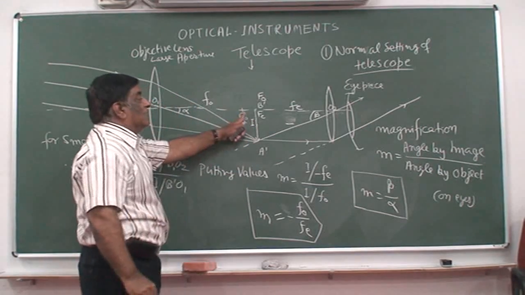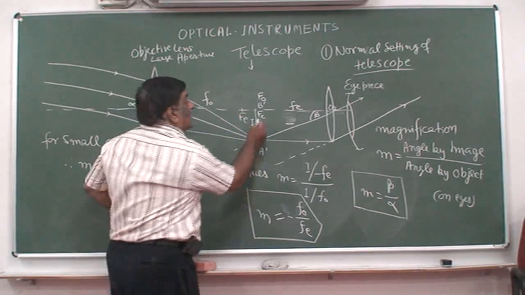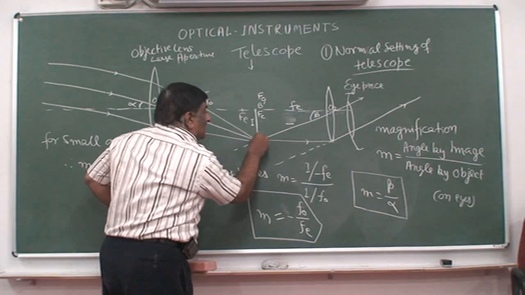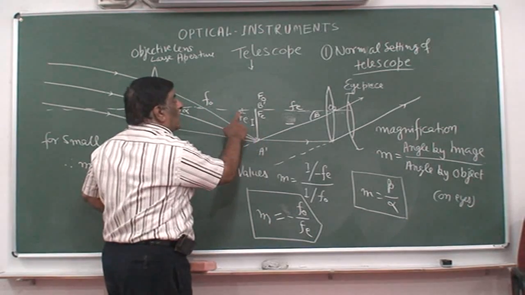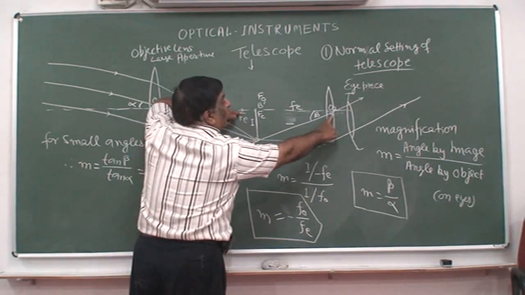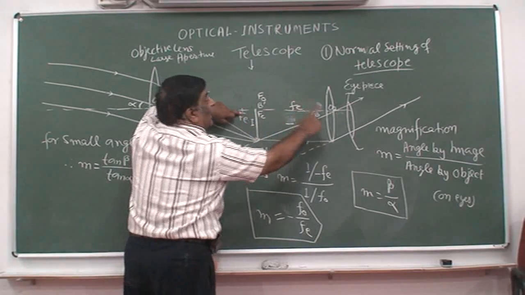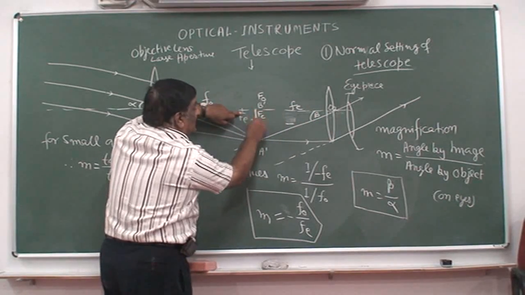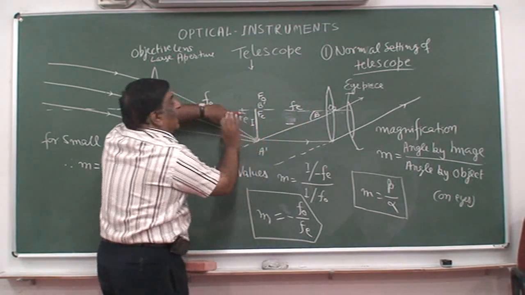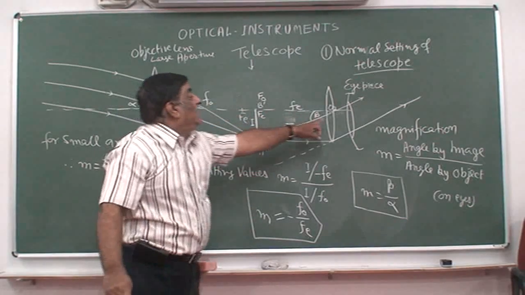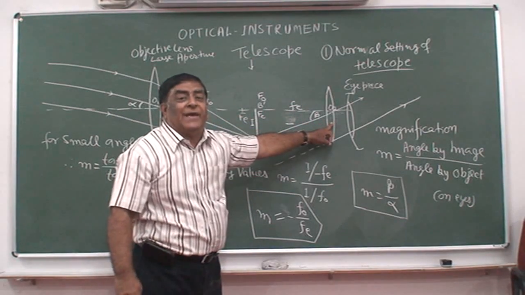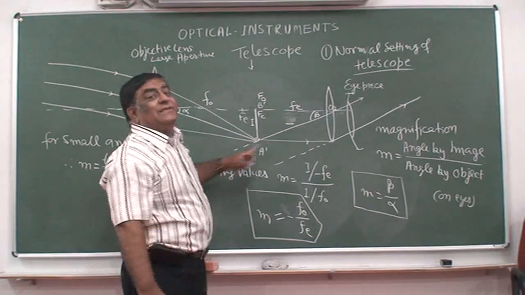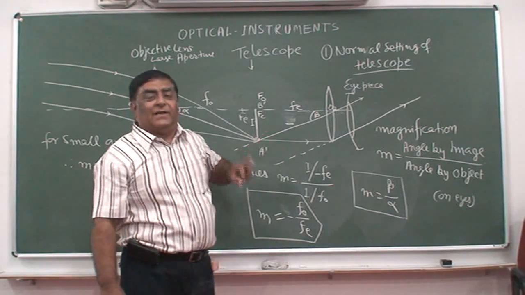When Fe comes here, the image is between the focal length and the optical center. This object for this lens has come between there, then it will form an image at a distance D. That can be done.